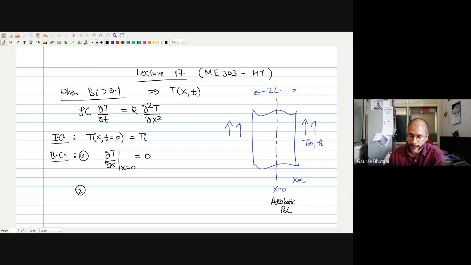The second boundary condition is at x equal to L, where you have the convection happening. The heat conducting out is the same as the heat that's convecting out.